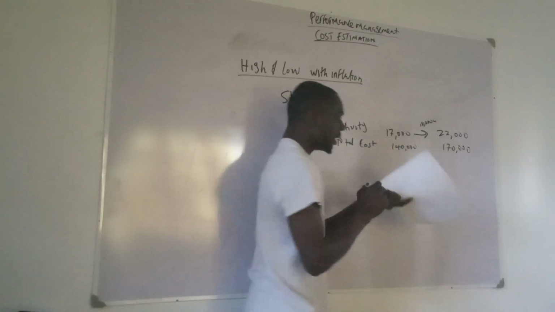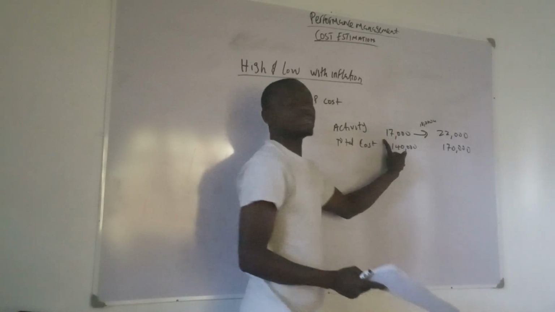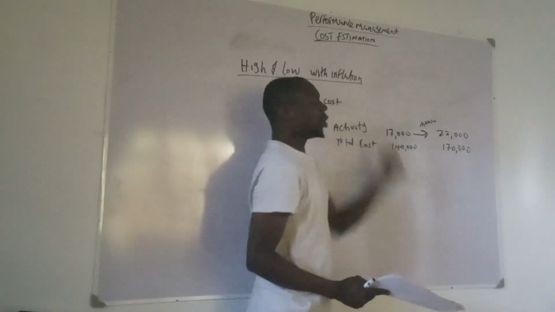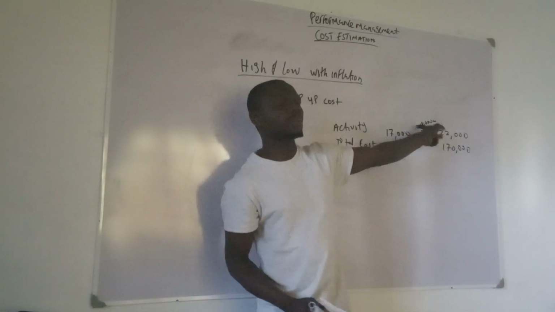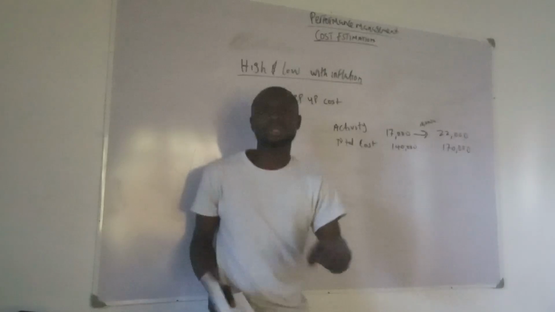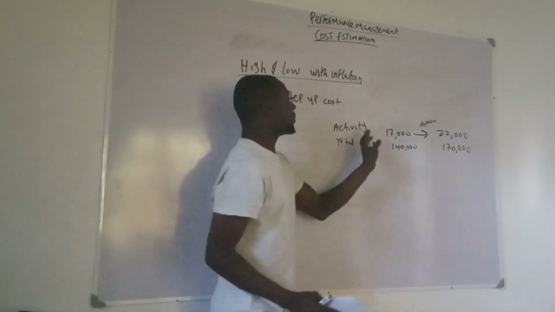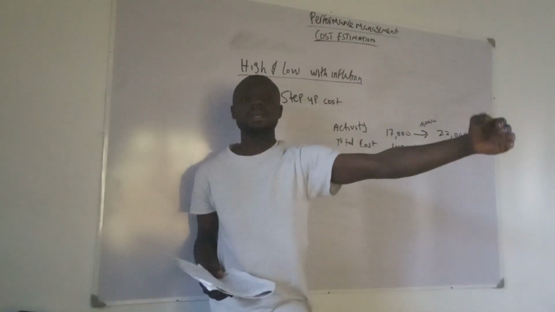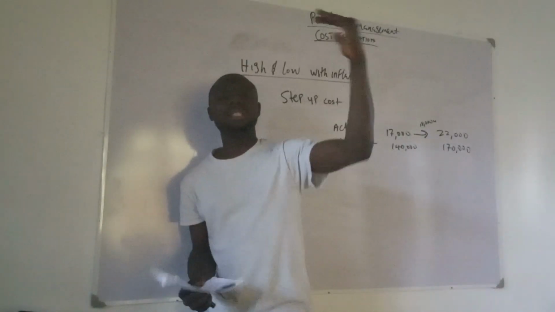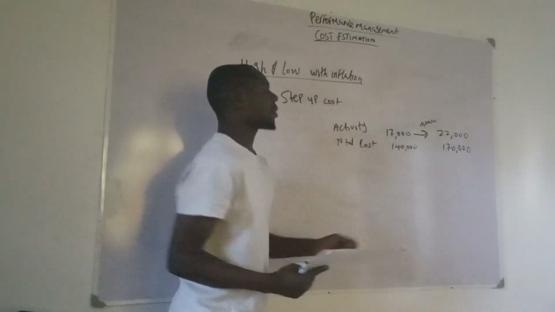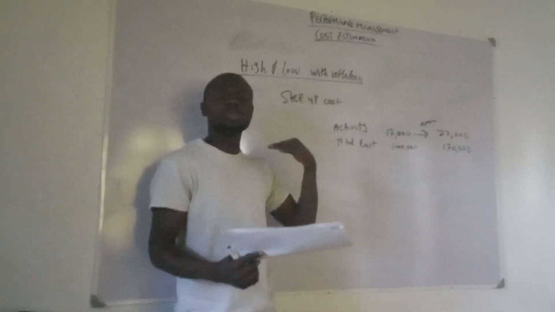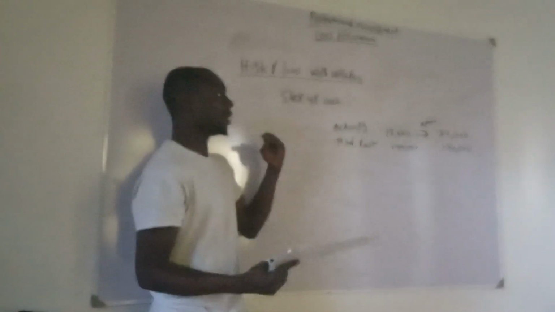So if your activity level moves from 17,000 units to 18,000 units, your total fixed cost will increase by 5,000. We have to effect that 5,000 in the future costs for management to make decisions. In this case, the first thing you need to do is your high and low.